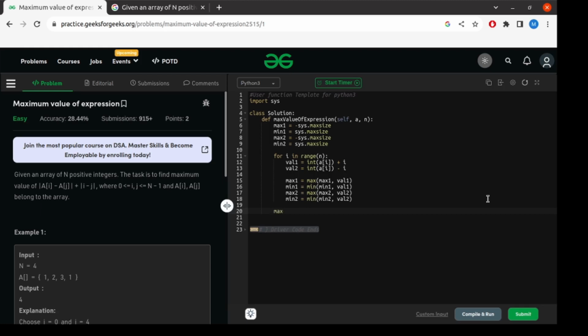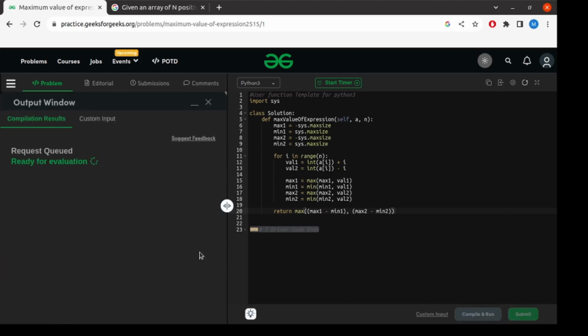And all I need to do is basically return max of max 1 minus minimum 1, right? That is how you'll get the maximum value, and max 2 minus min 2. Let me put the brackets appropriately, otherwise it might create problems. Okay, I think that's all. That is how we do it.